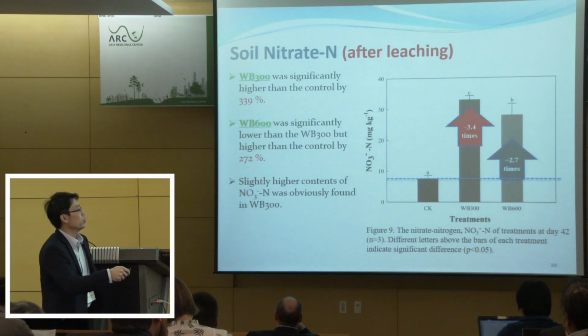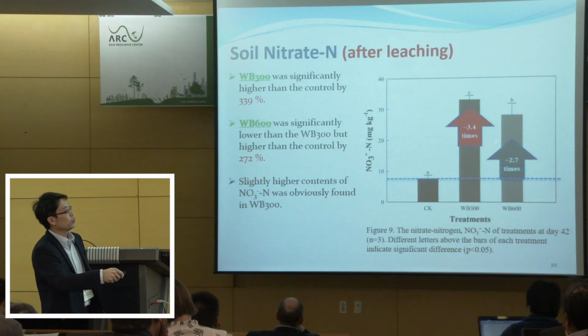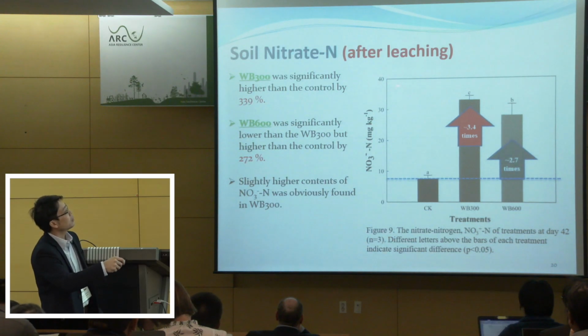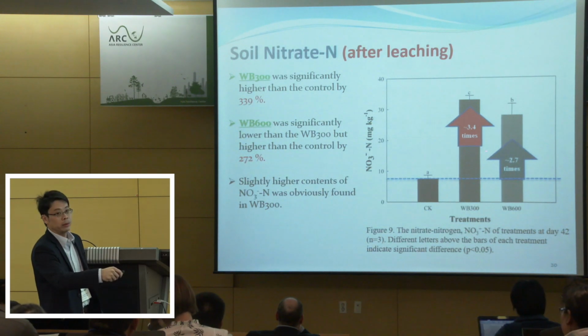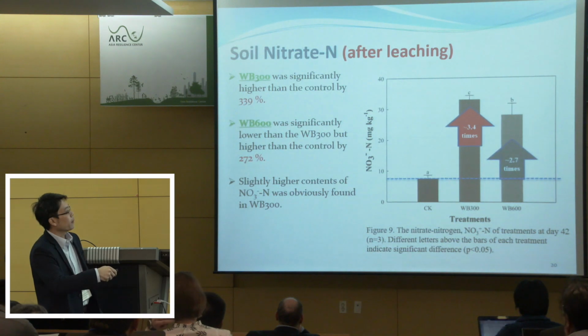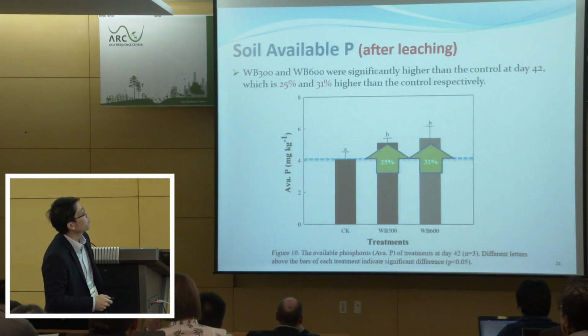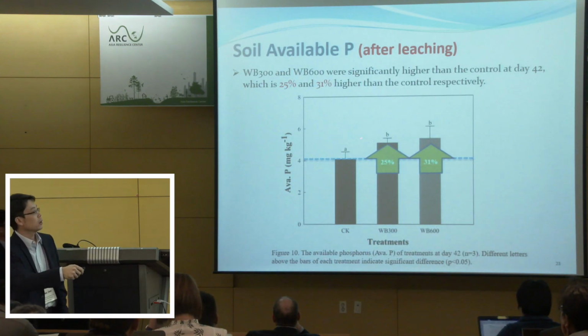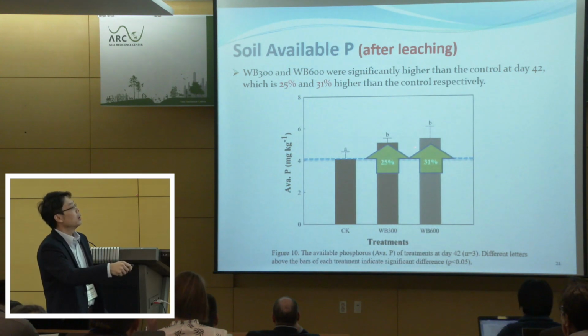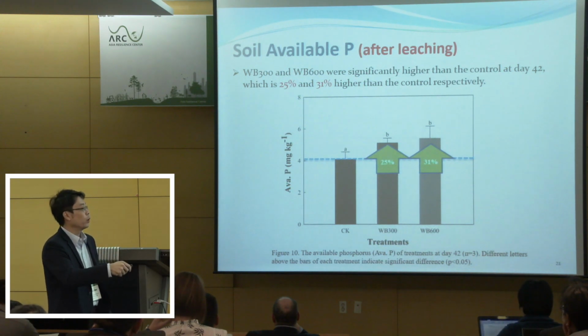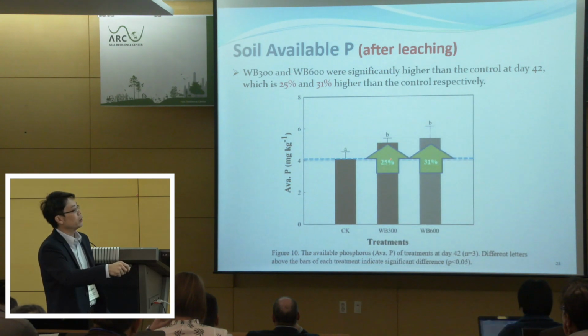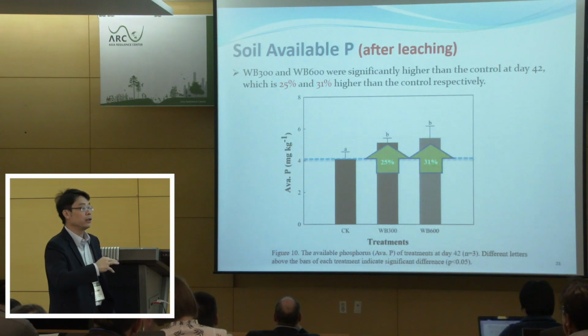For the nitrogen also, just like the ammonium nitrogen, the biochar amended soil shows very high nitrogen in this treatment. For the available phosphorus, if you use biochar in the soil, it can increase the available phosphorus by 25 to 31% after incubation and leaching.